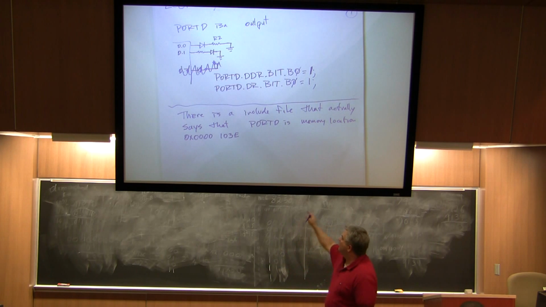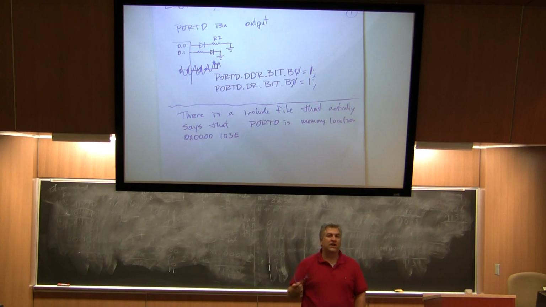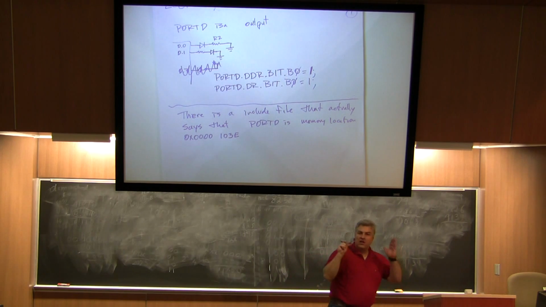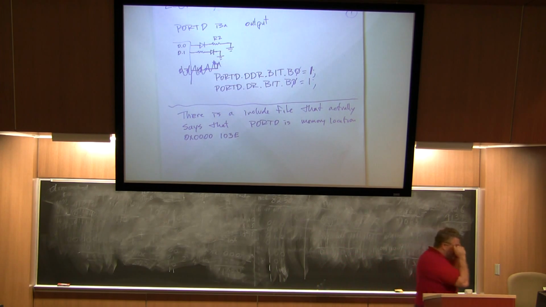But this would be really difficult if you had to write in that address every single time we used it. So in the include file associated with your specific processor, it will define all of those wonderful ports, port D, port E, port 4, etc., with a specific address. So that makes life really easy to define in your particular chip. So this is done for each chip.